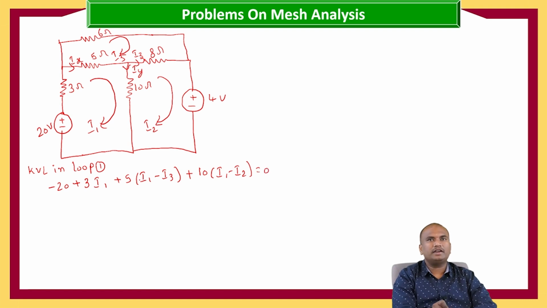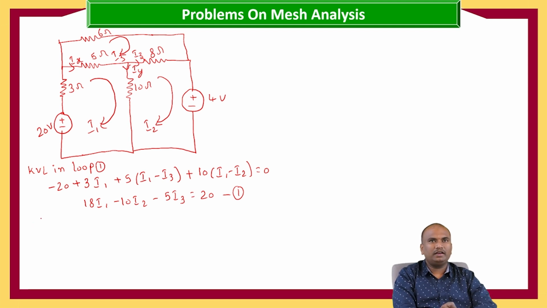That is 3 plus 5, 8 plus 10, 18I1 minus 10I2 minus 5I3, which is equal to 20. This is our equation number 1.